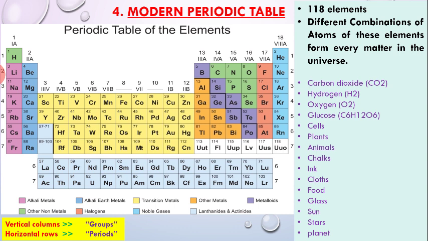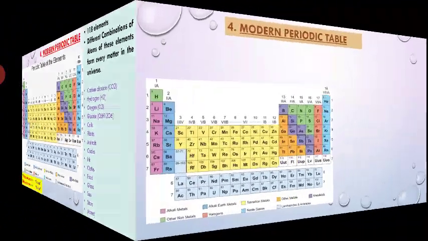Everything in this universe is made up of these 118 elements which have been discovered so far. Of course there may be other elements, but at least a few elements from this modern periodic table have been found in every matter of the universe.